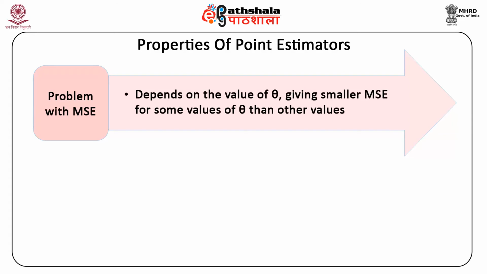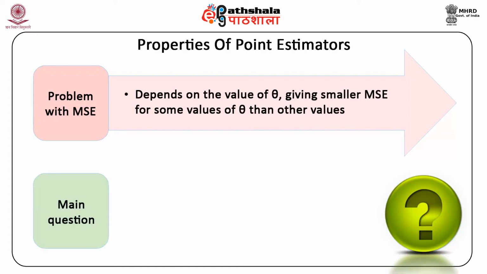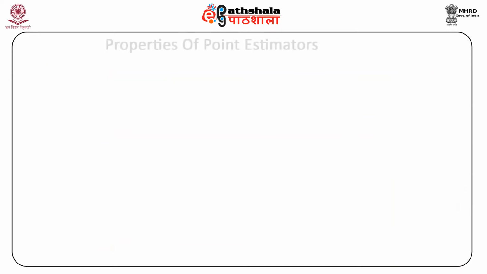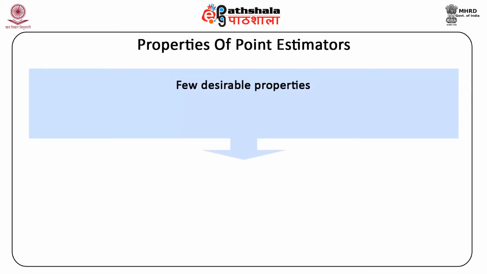Hence, we have to return to the question we had set out to answer, namely, which of the estimators is closest to the true population parameter value? The above question can be answered by using only those estimators which have a few desirable properties, which we shall now discuss.